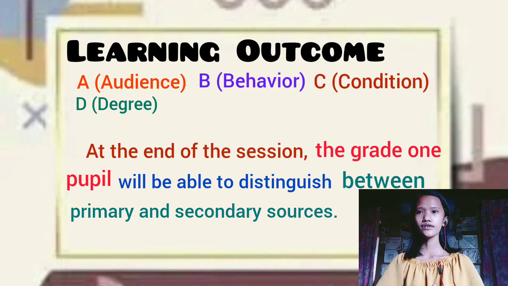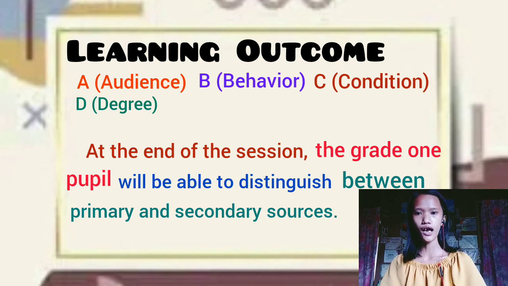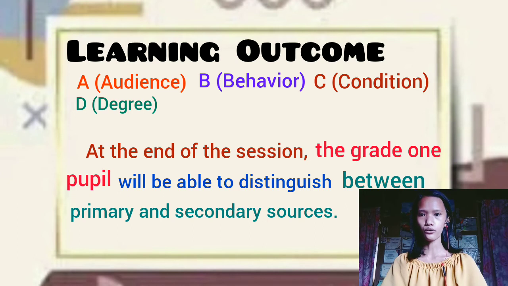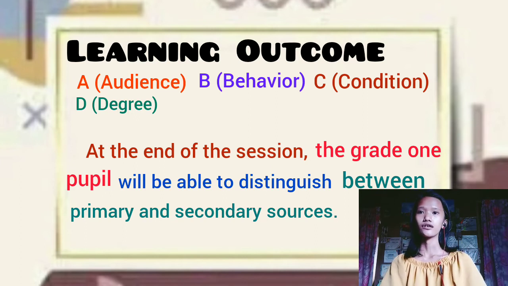Ngayon, ating isa-isahin yung example or ating himay-himayin. Sino nga ba ang learners? The grade 1 pupil. Tama, dahil sila yung gagawa ng action. Therefore, the grade 1 pupil is the audience. Ano naman ang gagawin ni audience? To distinguish. Kaya ang distinguish ay ang behavior. Dahil yun yung action word.